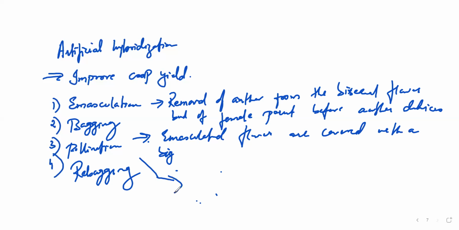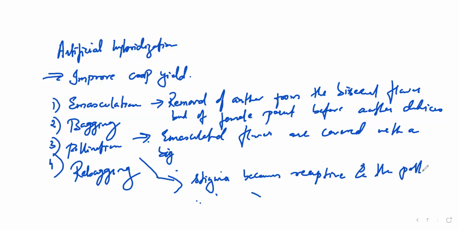Then comes the pollination. So in pollination, you know the process already. So the stigma will attain receptivity and it will receive the pollen grains. Okay, so the stigma becomes receptive and the pollen grains are dusted on the stigma.